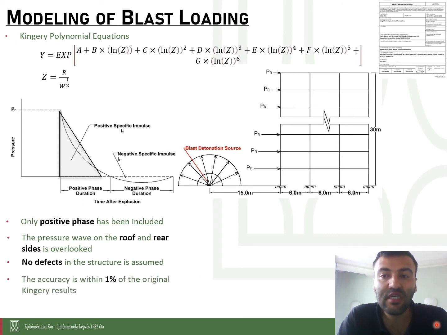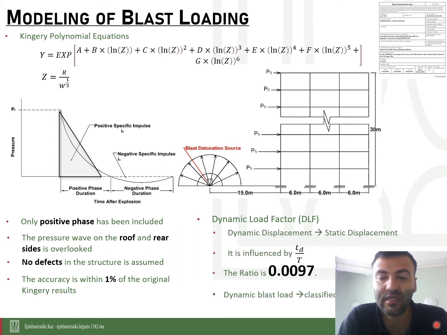The accuracy of this approach is within 1%, which is very accurate. For this reason, we need to convert the dynamic load to the static load, and the dynamic load factor is also applied, and it is found to be equal to this factor, which is very small, because the nature of the load is classified as impulse loading.